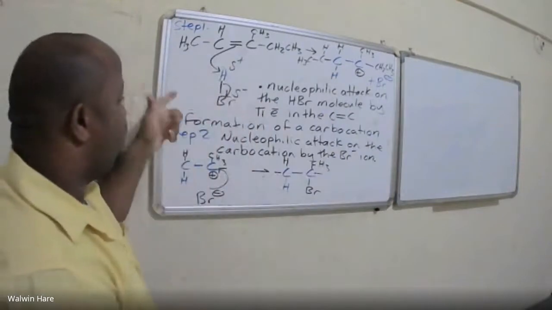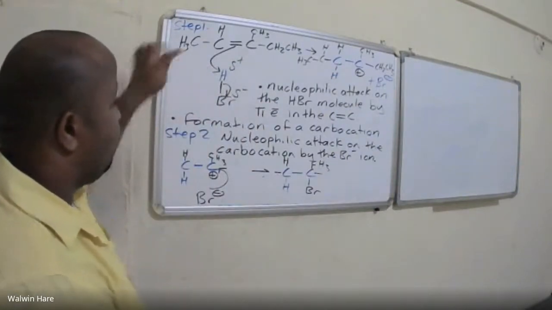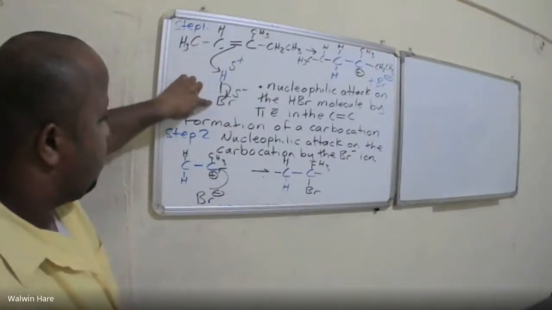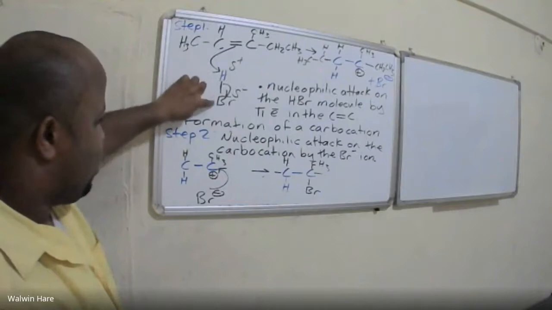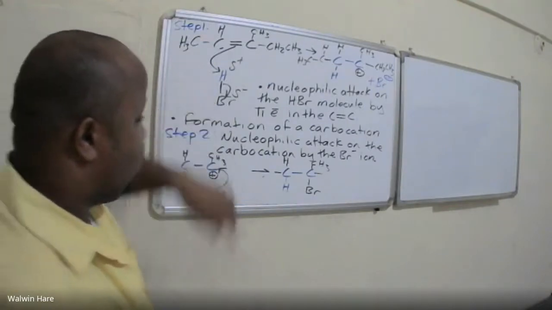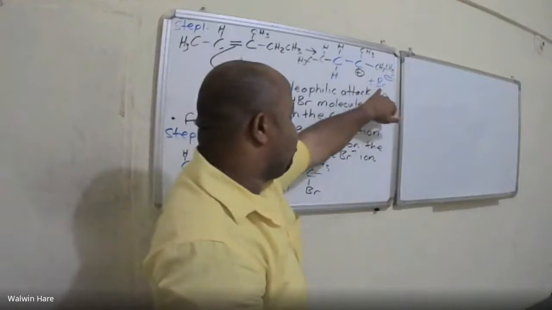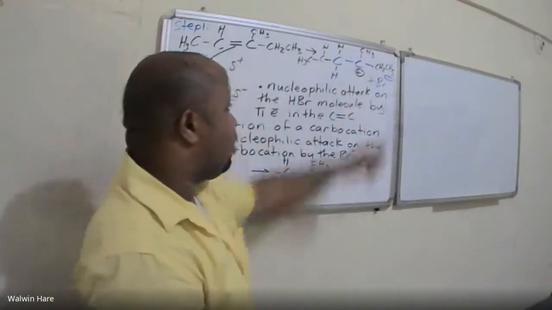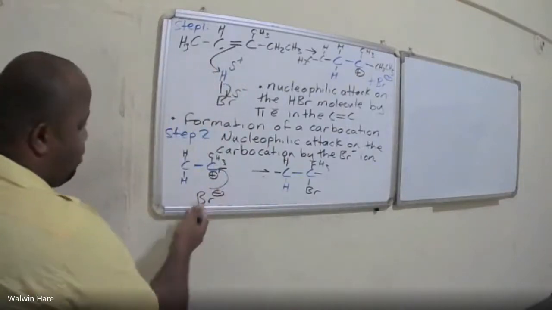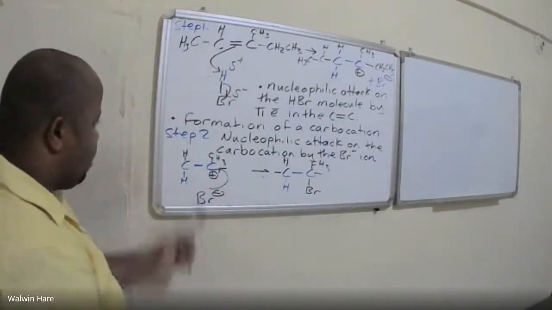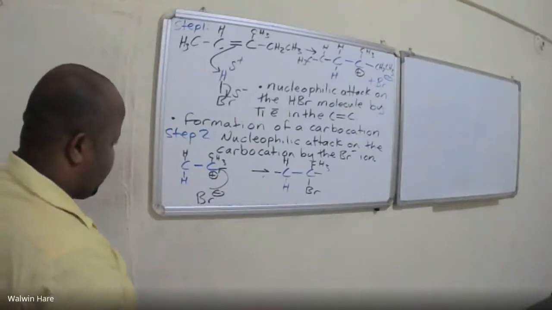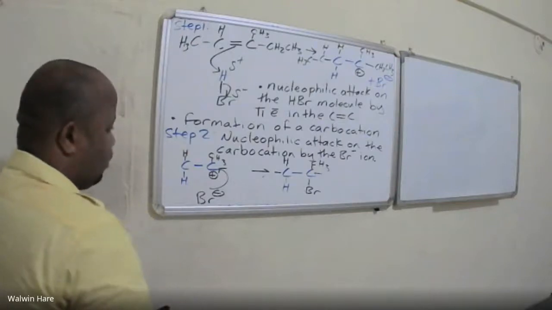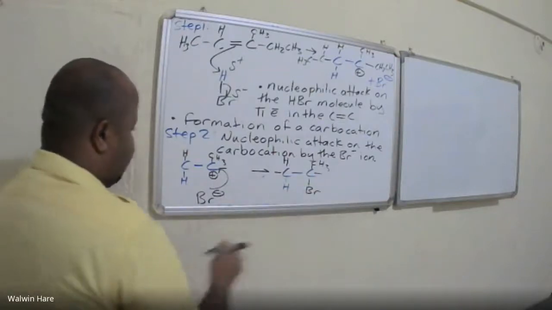When you're doing the mechanism, don't leave out any arrow. So don't just show the nucleophilic attack and don't skip the heterolytic bond breaking here, right? And don't forget to put the bromide ion here, or the positive charge on the carbon. And then here we have the nucleophilic attack on the carbocation by the bromide ion. And you show it, and you end up with the final structure.